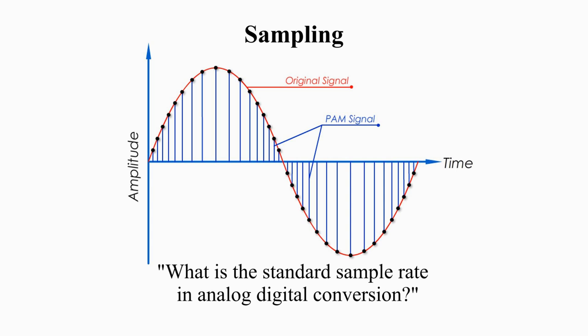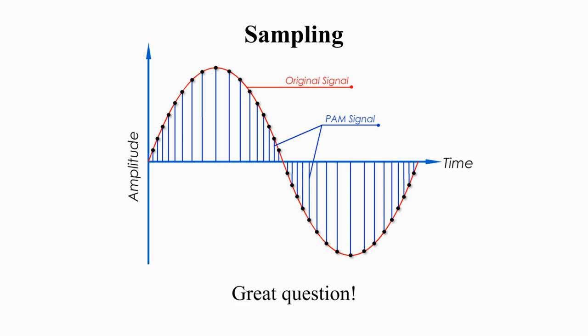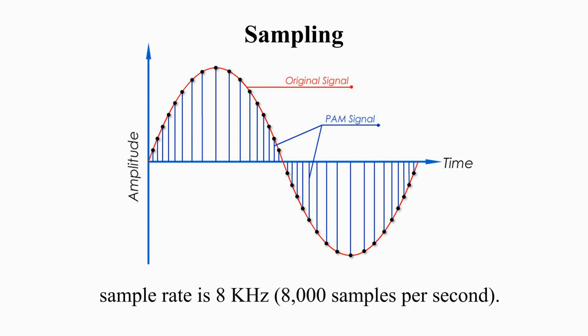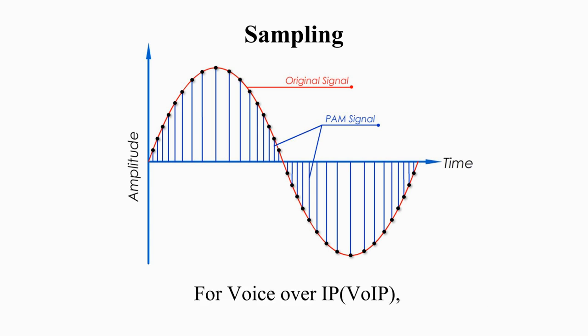You may ask, what's the standard sample rate in analog to digital conversion? Great question. The answer is, it depends. For telephone, sample rate is 8 kilohertz or 8,000 samples per second. For voice over IP, the sample rate is double, which is 16 kilohertz.